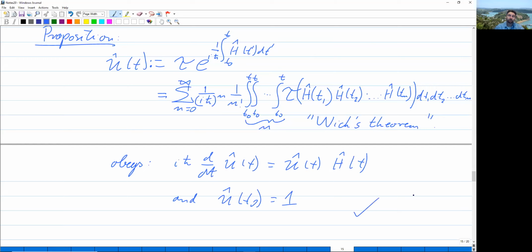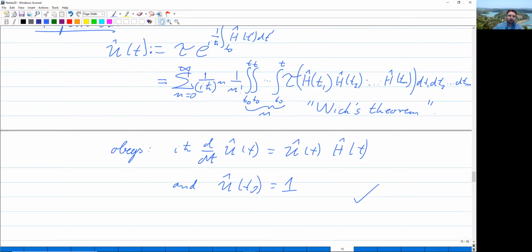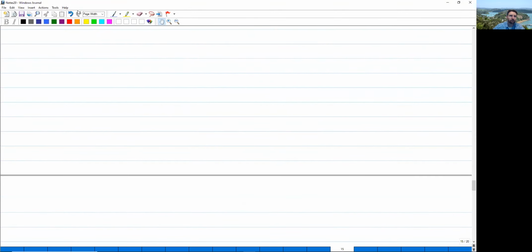So it's the solution, even though it might be hard to obtain. Now to conclude, let's collect a few nice properties of the time evolution operator.